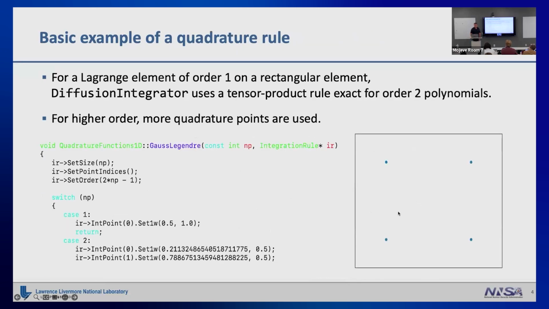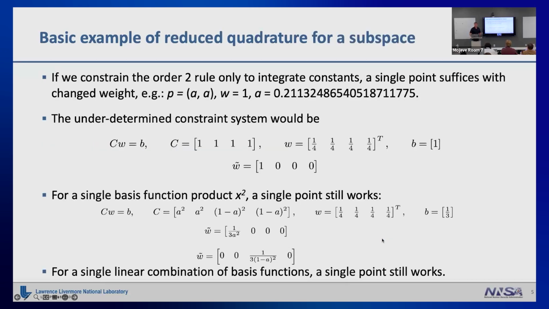So a here is this a distance from 0. So you could take one of these existing points, and that would be like finding a sparse solution to this constraint system where we impose that just the constant function is integrated exactly.